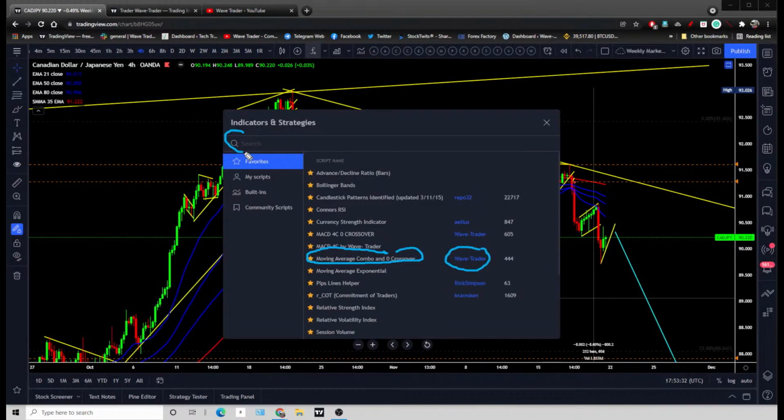I have just applied that. The thread is there on TradingView, so you can get that indicator over there. Hopefully you understand.